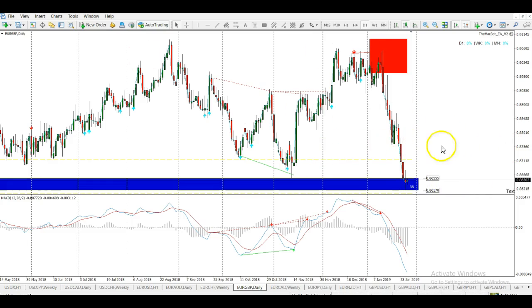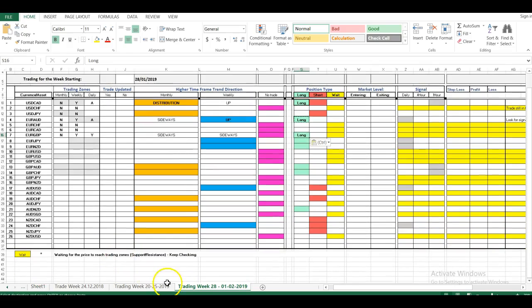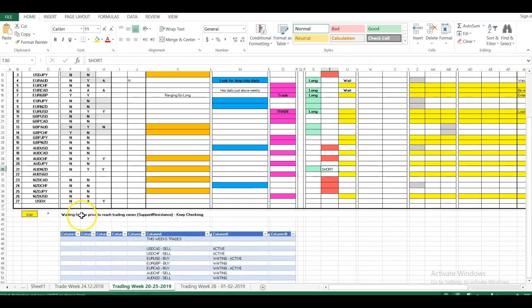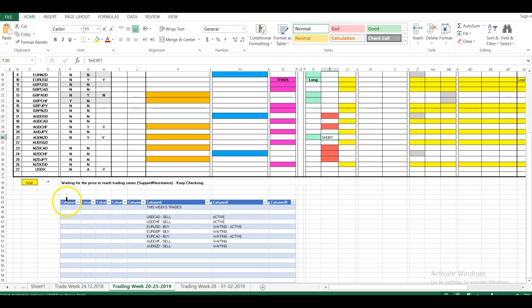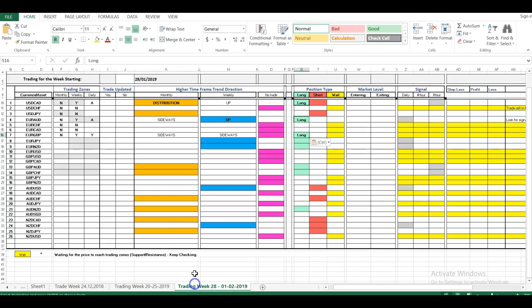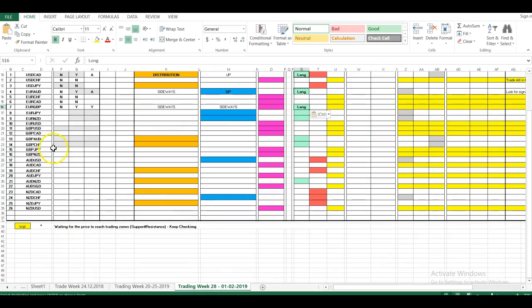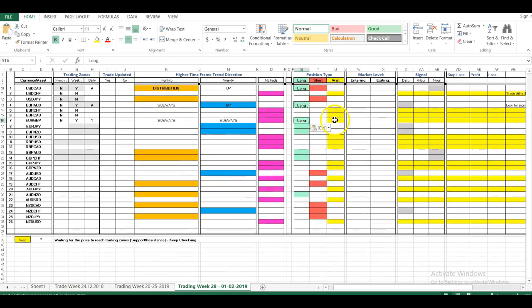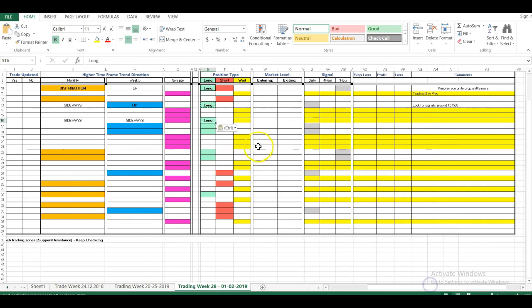Okay, so that's one trade this week. So long, waiting entry, so we just have to fill this in as the market enters. Just put MacBot loaded.